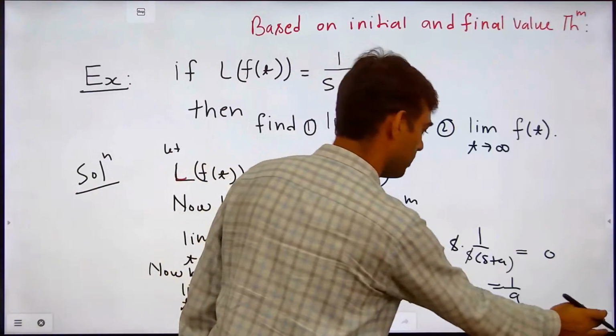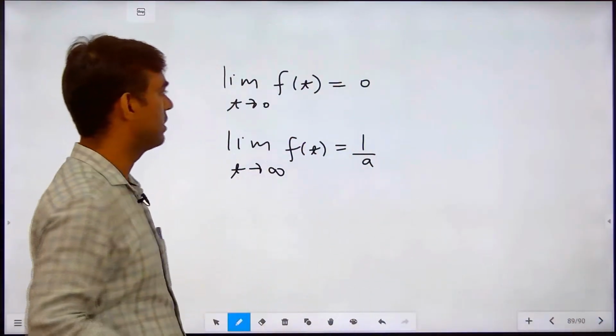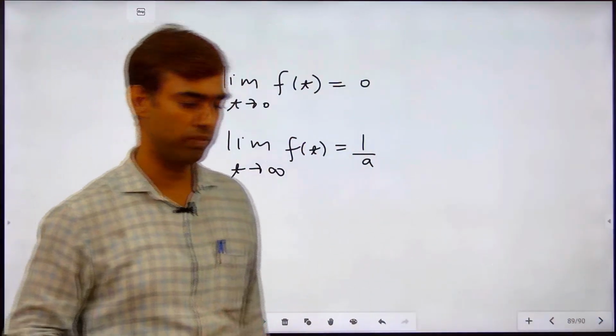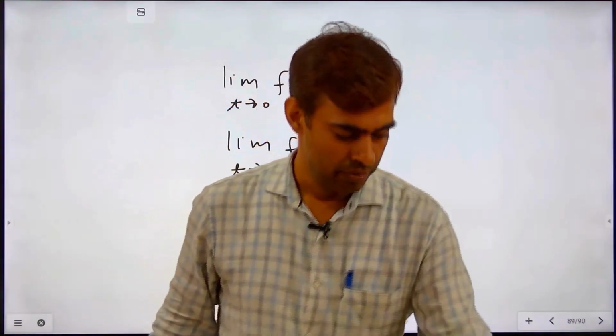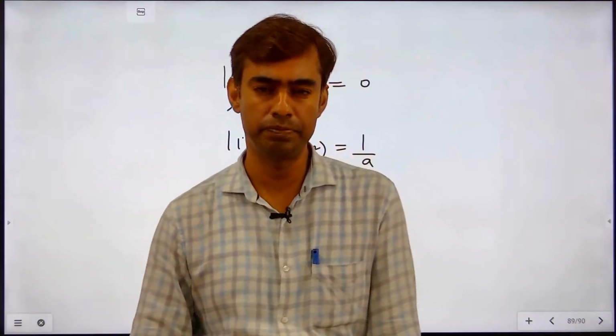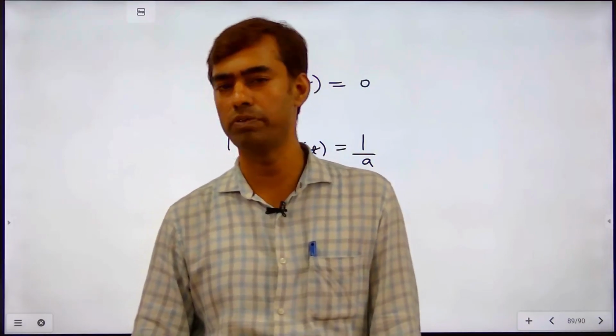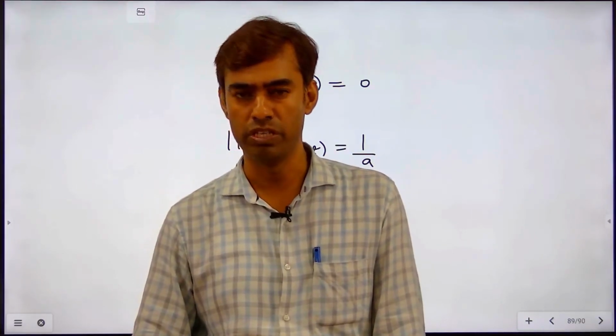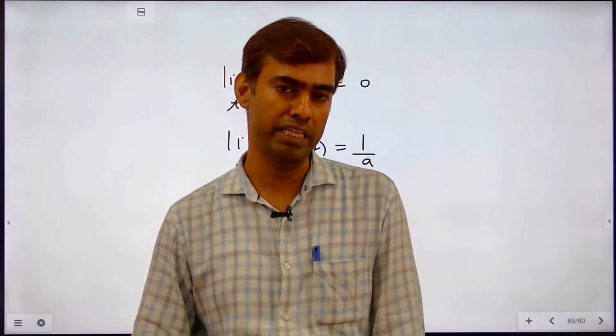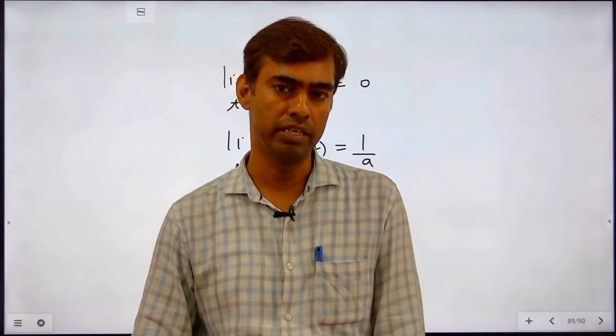So, these are the two values that are required. With the help of the initial value theorem and final value theorem, we find the value of the limit as t tends to 0 and as t tends to infinity of the function f(t).